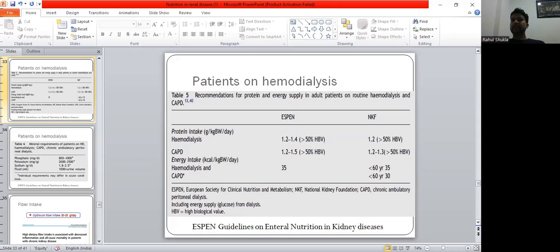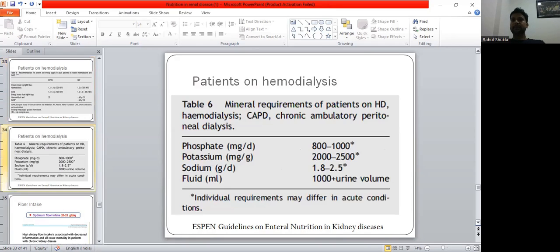And in CAPD, the protein requirement is around 1.2 to 1.5 in ESPEN guideline and 1.2 to 1.3 gram per kg per day in NKF guideline. So the different guidelines show some variability, but we can see that at least in dialysis patients, the protein requirement is high because of loss of protein during the dialysis process itself.